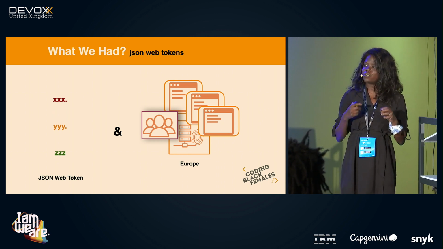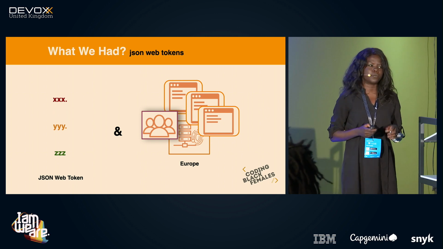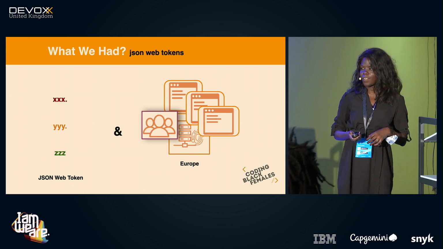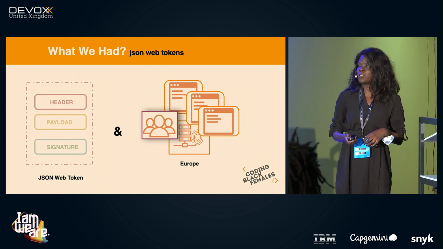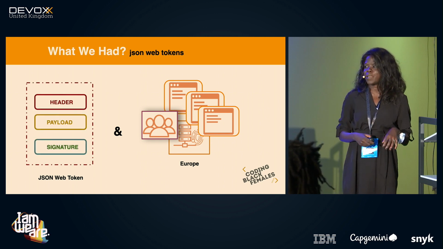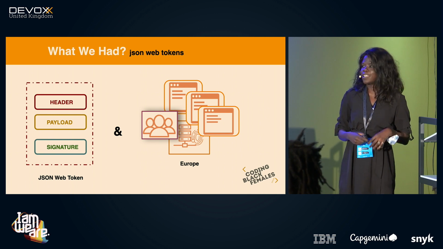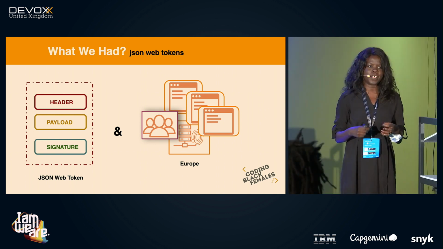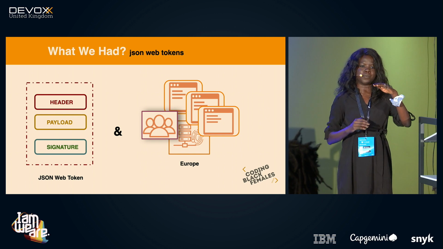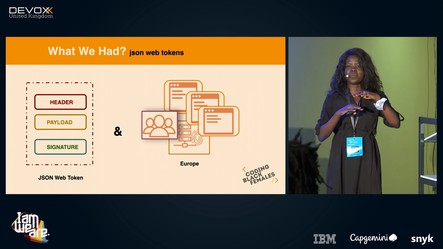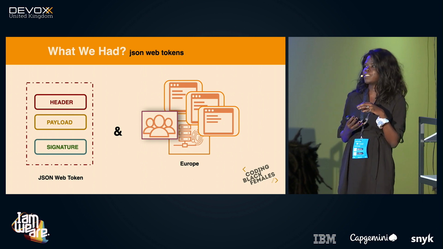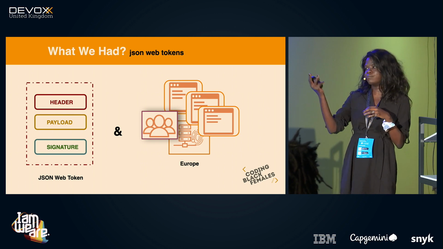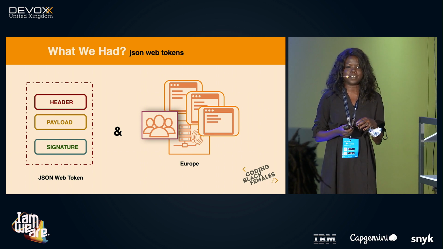This issued a string, but the string was what we call a JSON Web Token. And that could be decrypted, and what you would end up with is a header, a payload, and a signature. The header and the signature, think about that like the front of your passport and any hologram over your passport picture. Those combined can be used to say that the passport or the token has not been tampered with.